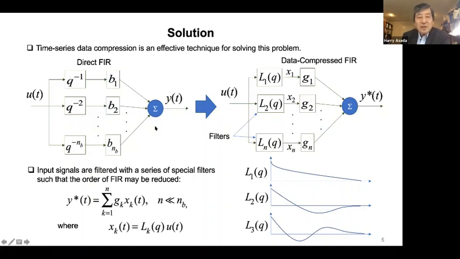So instead, the input u t goes through some filters, which we'll introduce later, L1 q, and then creates processed signals x1, x2, up to x n, and hopefully n is much smaller than the original n b by designing a particular set of filters.